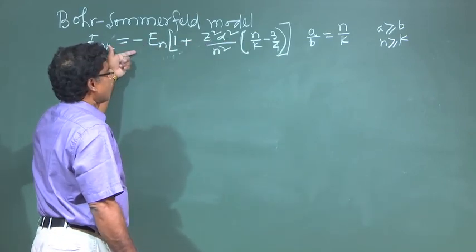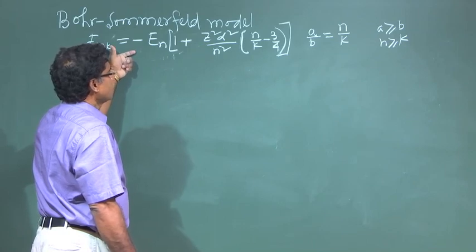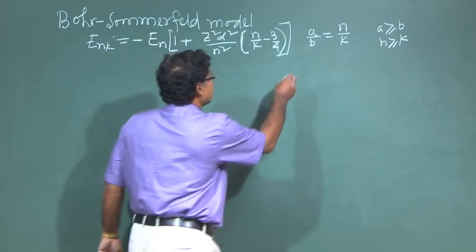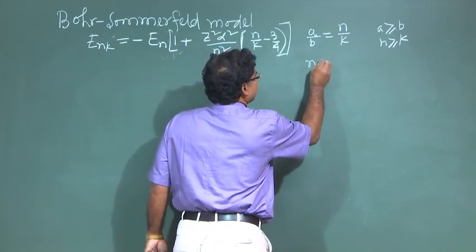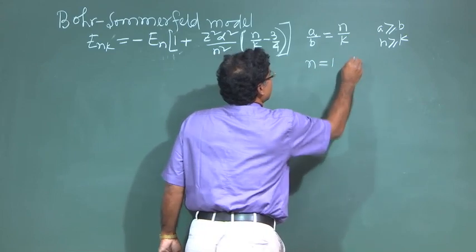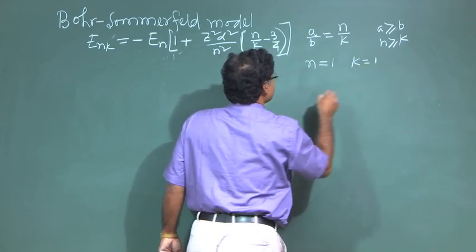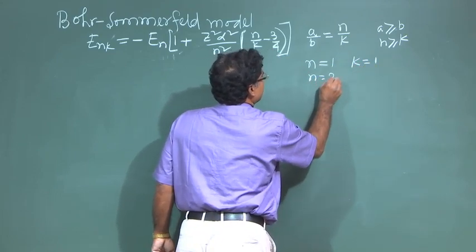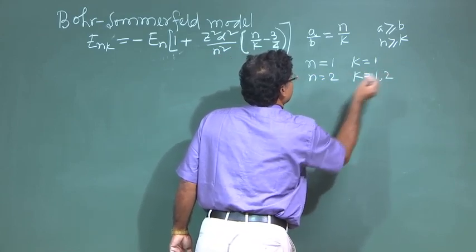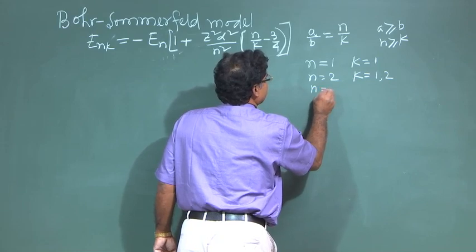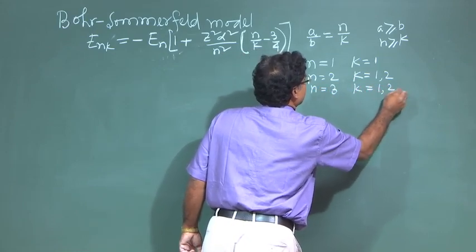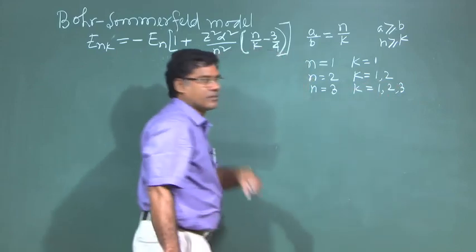For a particular n value, if n equal to 1, then k will be equal to 1; n equal to 2, k will be equal to 1 and 2; n equal to 3, k will be equal to 1, 2, 3, right.